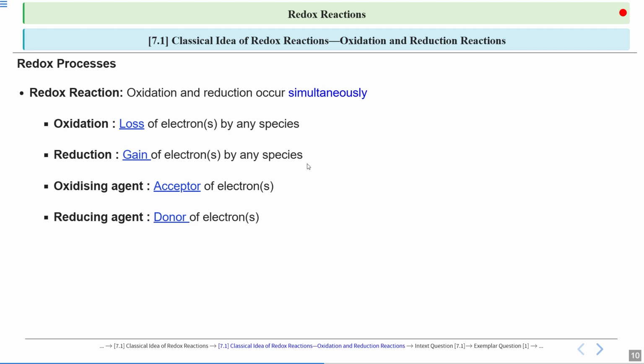While if you consider the gain of electrons by any species, that means a process where a substance gains electrons, resulting in a decrease in its oxidation number. So that decrease in oxidation number would relate to reduction. So I have clearly stated that an increase in oxidation number would be oxidation, a decrease in oxidation number would be reduction. So what is oxidation number?